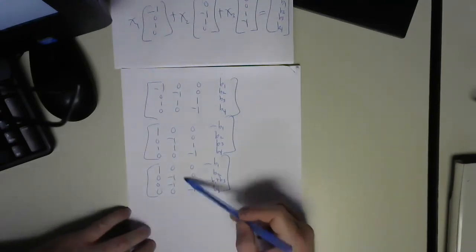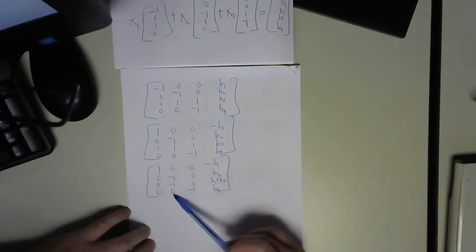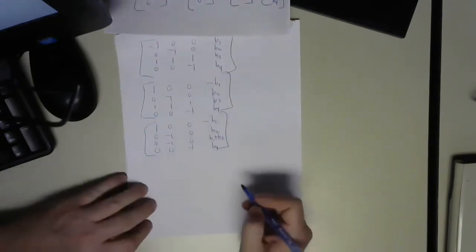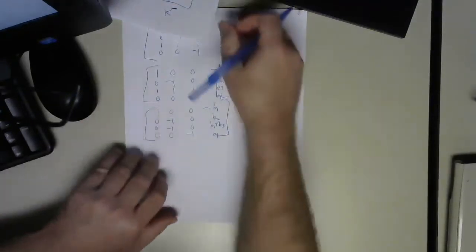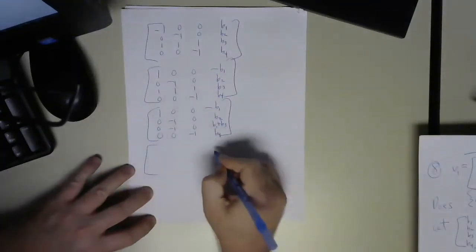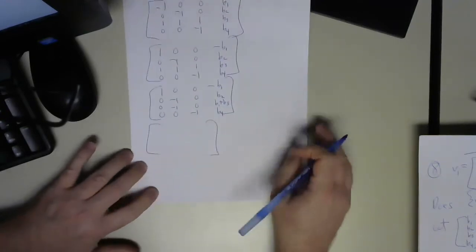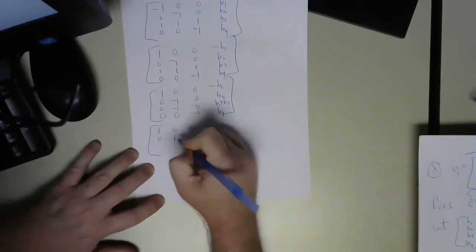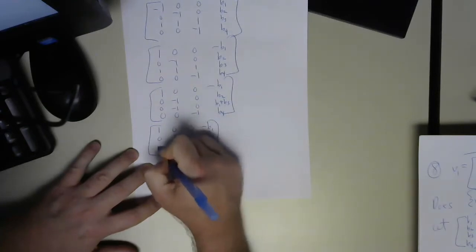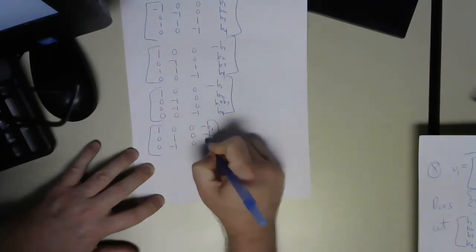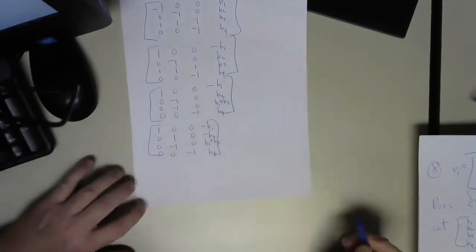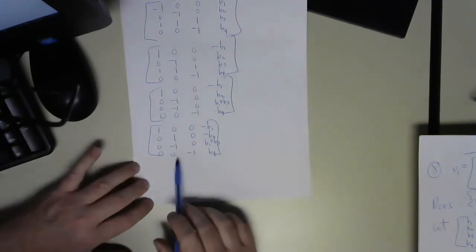All right, now let's move on to the second column. We know it has to be 0, 1, 0, 0 to be in reduced echelon form. So I would multiply the second row by -1. All right, so next thing is to make this a 0.